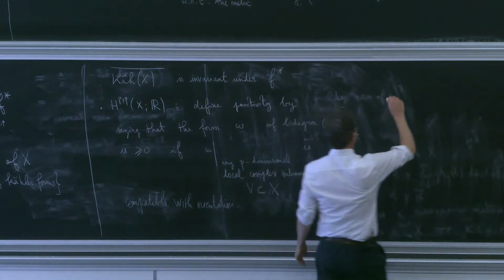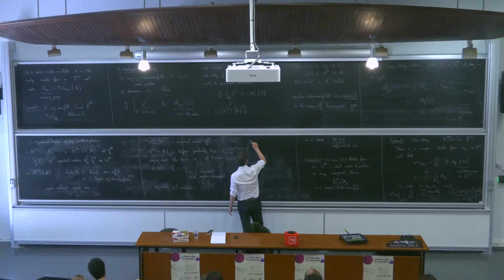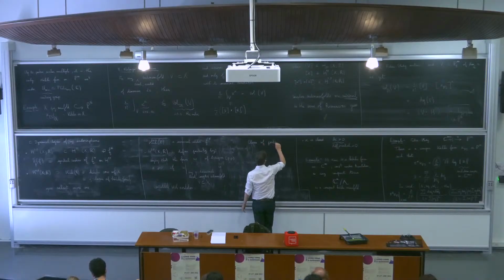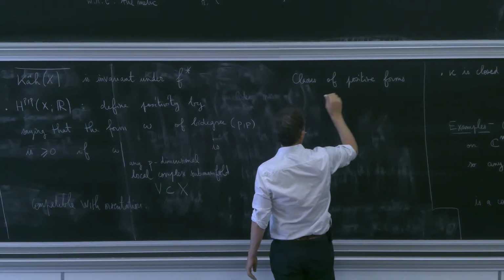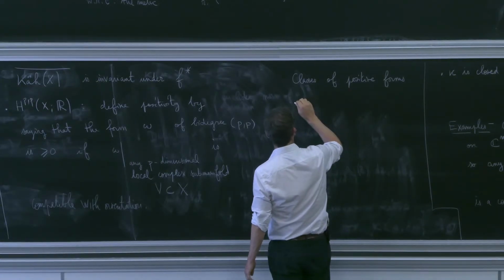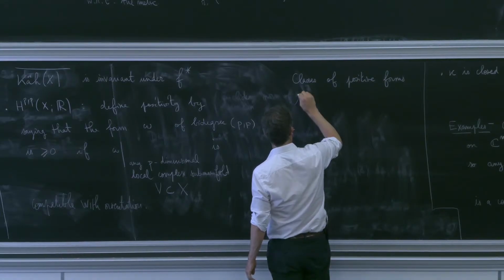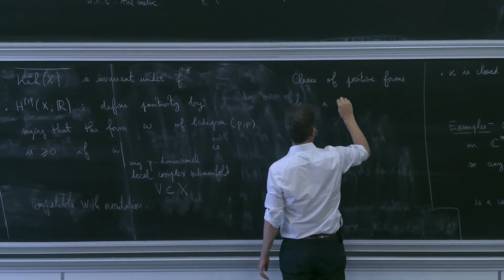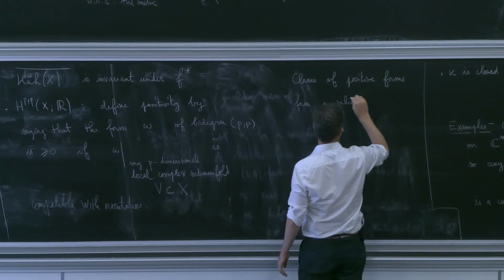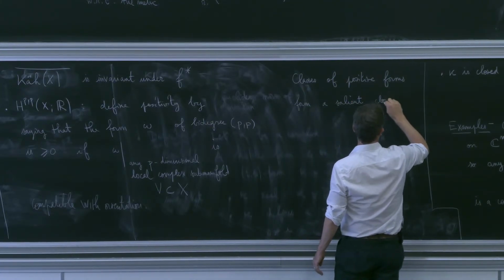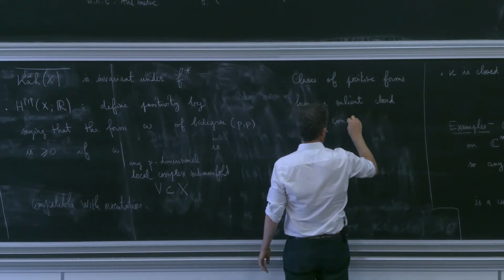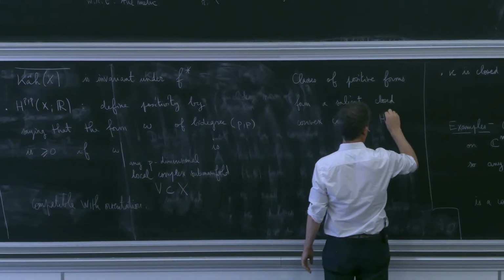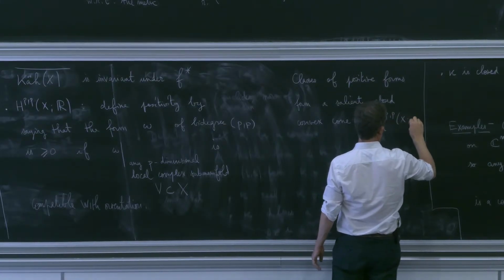And then what you get is that classes of closed positive forms, positive I should write non-negative, form a salient closed convex cone in H^{p,p}(X,R).